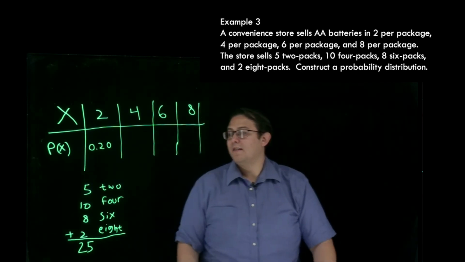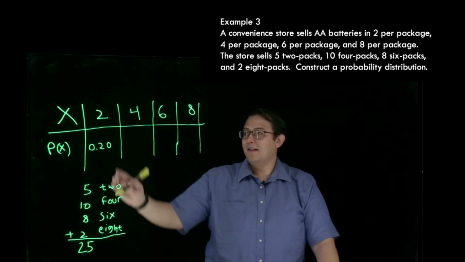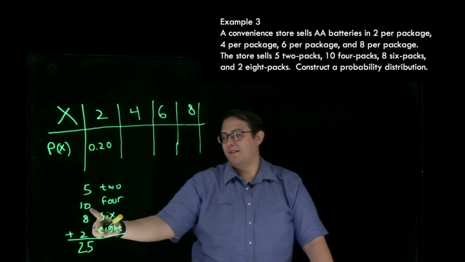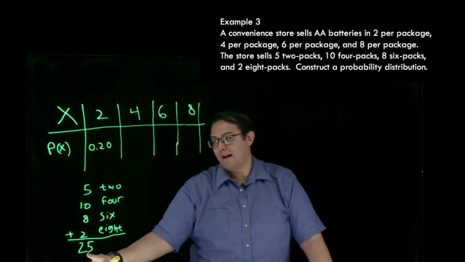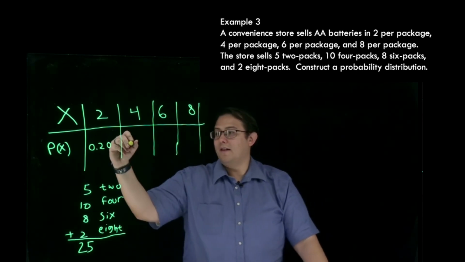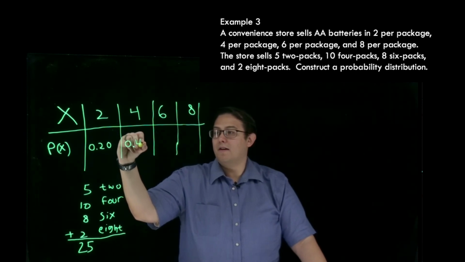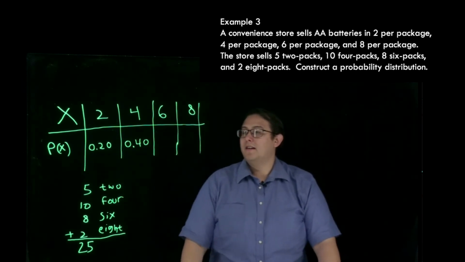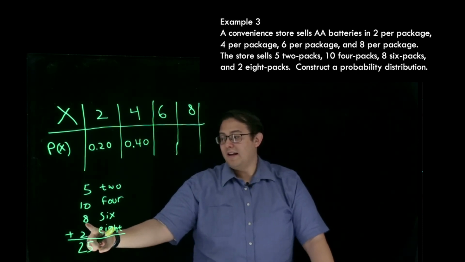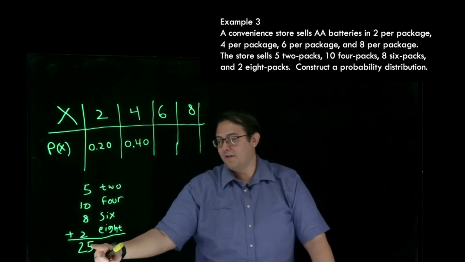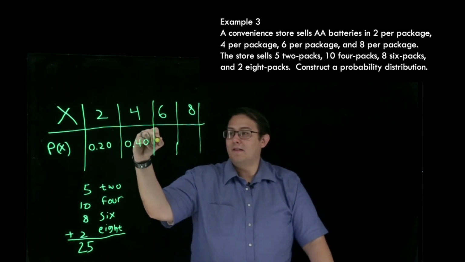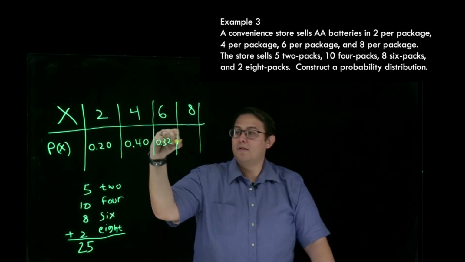And then for a 4-pack, the probability that we sold a 4-pack, well, we sold 10 of those out of the 25. So if you put 10 over 25 into your calculator, you're going to get 0.40. And then for the 6-packs, we sold 8 6-packs, so 8 out of the 25. And if you put 8 out of 25 into your calculator, you get 0.32.